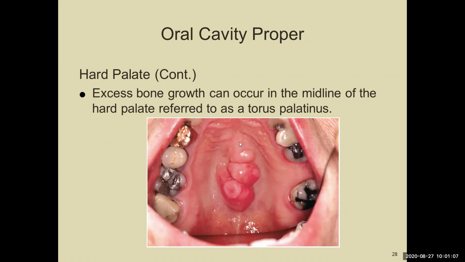So this is a palatine torus. It is considered one. So we're not just saying this patient has a palatine torus, we need to describe it because we are into description, all right? So is it small, medium, or large? Is it smooth or is it lobular? And this is lobular, so you can see it's lobular.